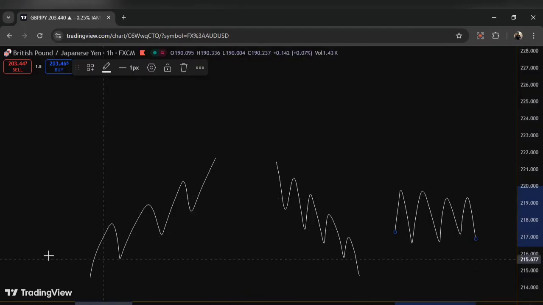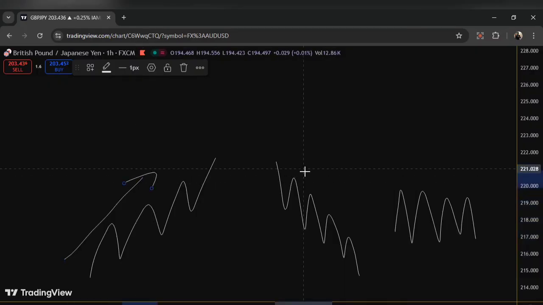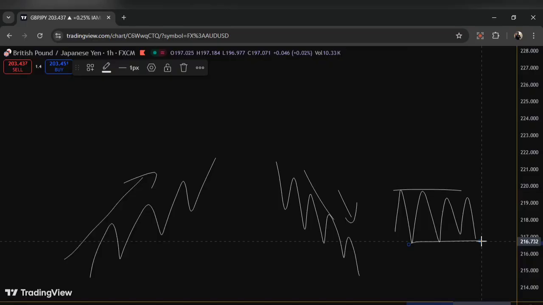An uptrend is a market for buyers. A downtrend is a market for sellers. And a sideways market is an equilibrium market, buyer and seller, none is in control. So these are the major markets we traders look at on the price chart to make informed decisions.